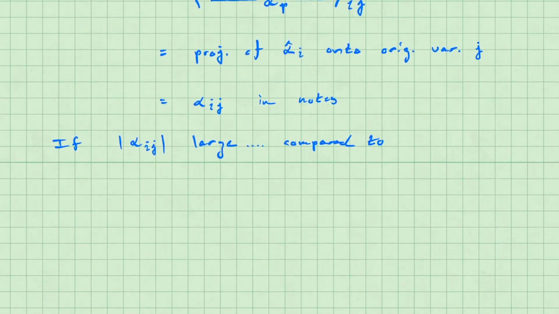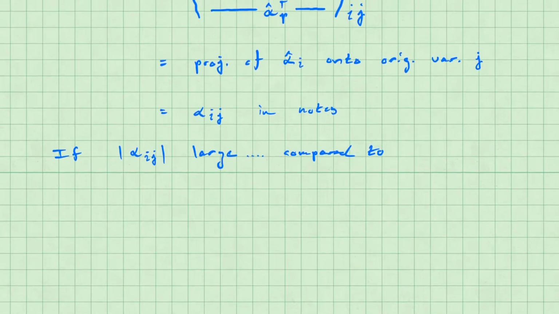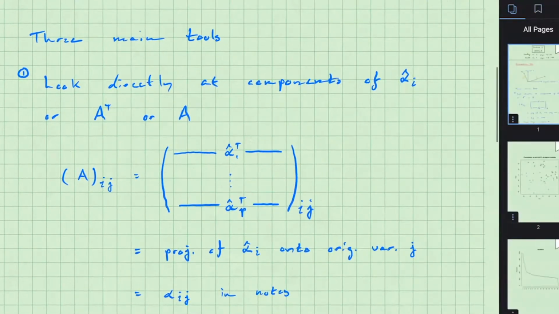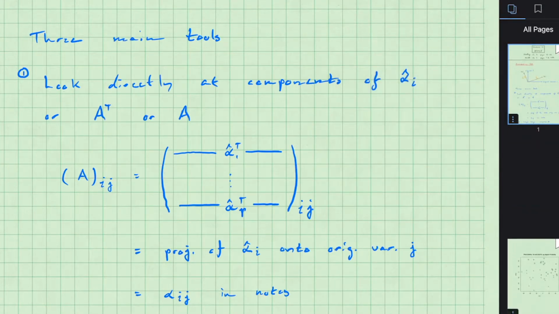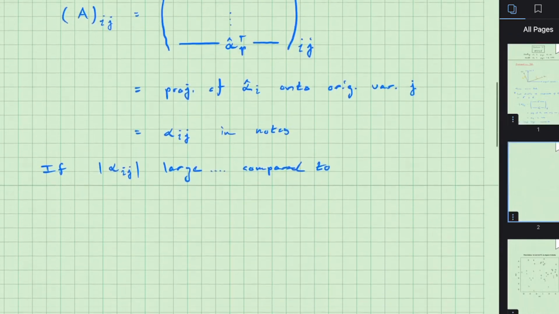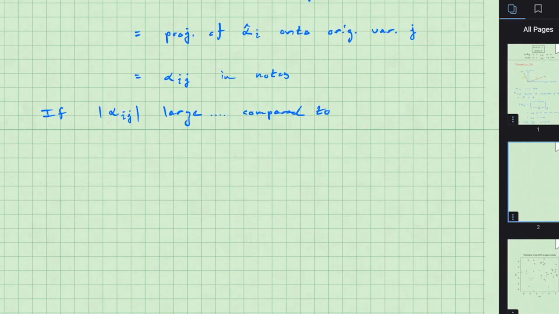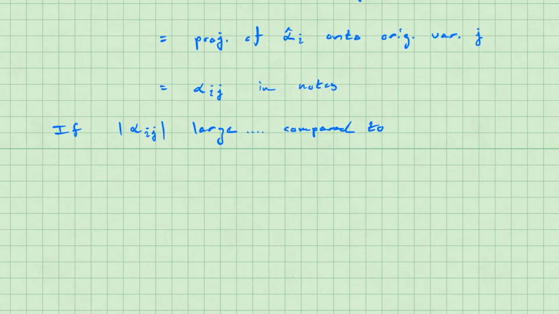Let's write out the two things that we've seen so far. So we'll say if alpha ij is large compared to something, and the something here is one of two different things we've offered you. It's either just 1 over the square root of p, that's the geometric criteria. We didn't name it that, but it's a good name for it.